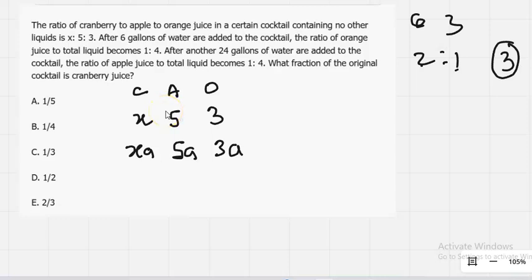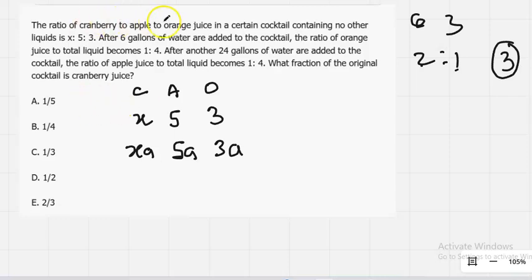After 6 gallons of water are added to the cocktail, remember water doesn't contain any other thing, only water, the ratio of orange juice to total liquid becomes 1:4.